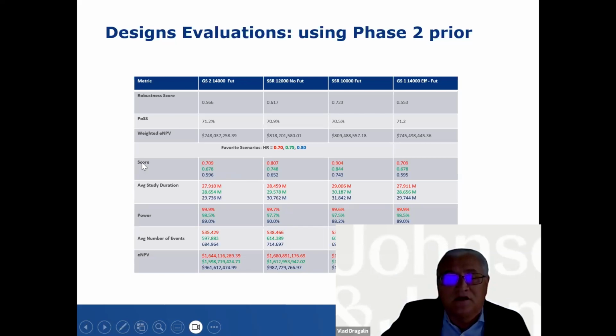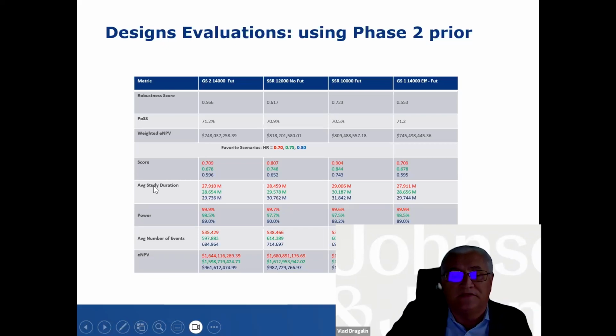And you can see that the score decreases if I move the hazard ratio from 0.7 to 0.80. You can also see that the average study duration is going down for all of them. All the designs will have this type of performance.